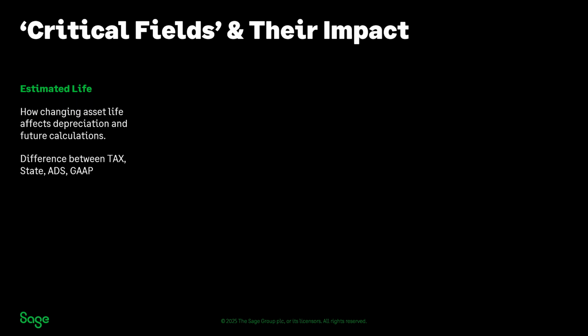So the first one is estimated life. The estimated life of the asset: how changing an estimated life affects depreciation, future calculations, and the differences between state, tax, ADS, and GAAP. If those of you on the call today are not using Sage Fixed Assets for tax depreciation purposes, I don't know why. It is the biggest return on investment.